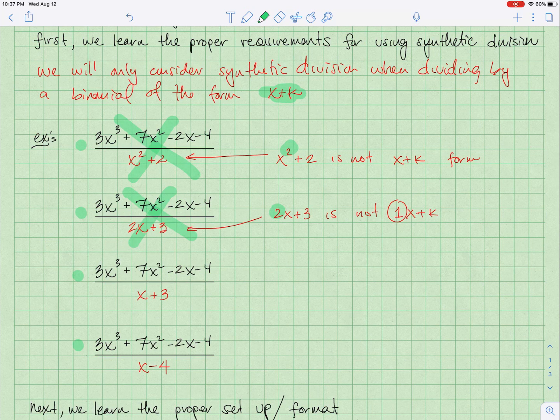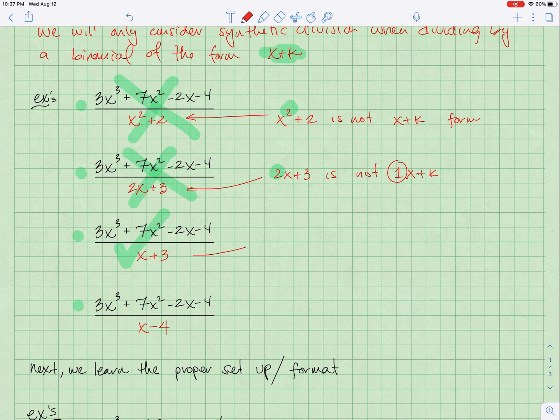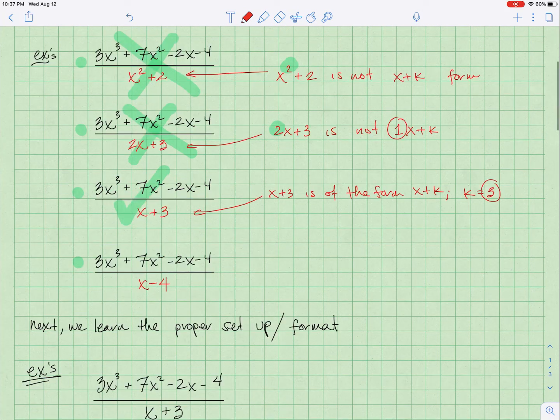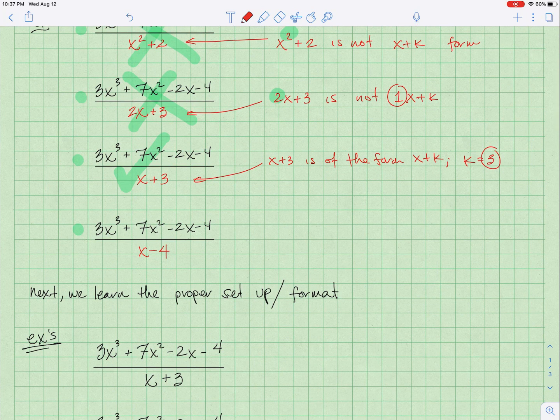Now, in the next example, we would use synthetic division. Check. x plus 3 is of the form x plus k, where k is the numerical value 3. Finally, in this bottom example, this one's actually okay too.